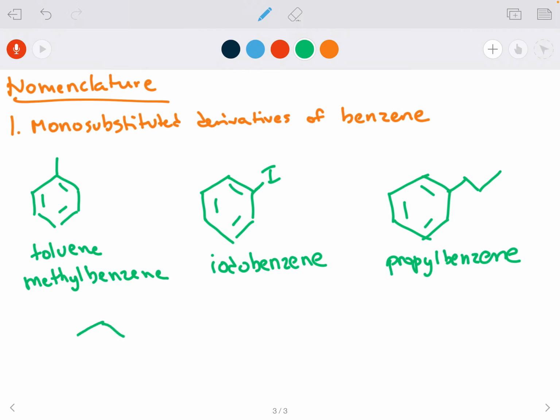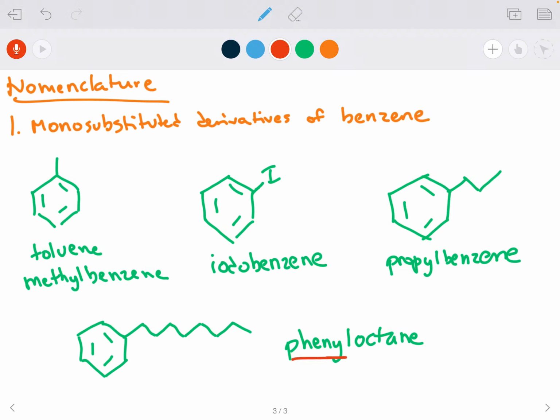So say we have a benzene ring with octane as a substituent, this would be phenyloctane. So benzene, when it's a substituent, you use phenyl as the way to call it, whereas when it has substituents on it, you say benzene. So just something to note with the nomenclature there.